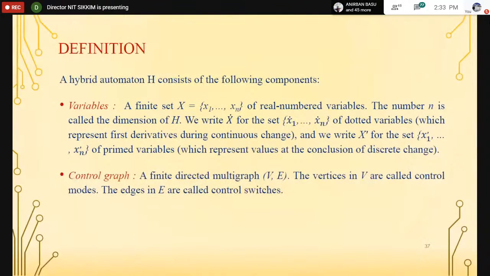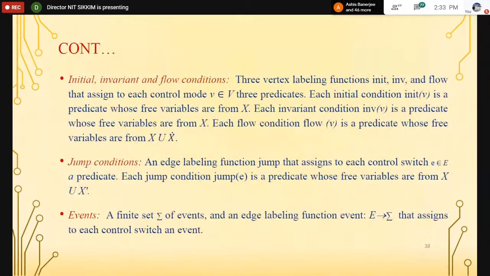We use some set of variables to define various conditions in the system. So some sort of description is there. Then we say we have an initial value, final value, and then the flow conditions. We can have different kinds of equations also.